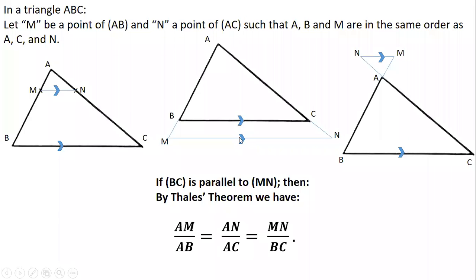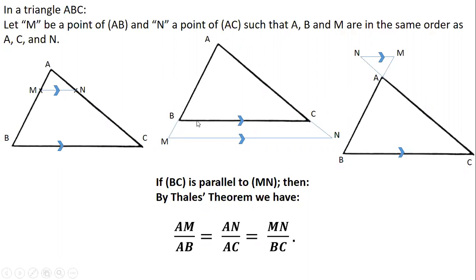In the second position, MN and BC are parallel. And in the third position, MN and BC are parallel.